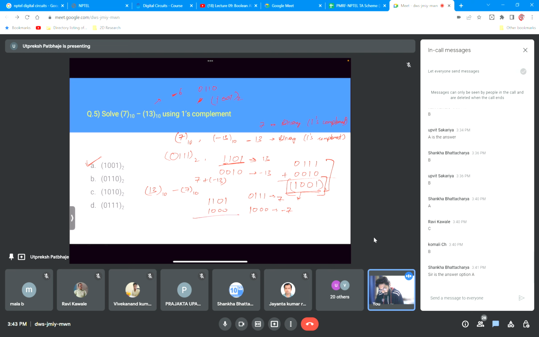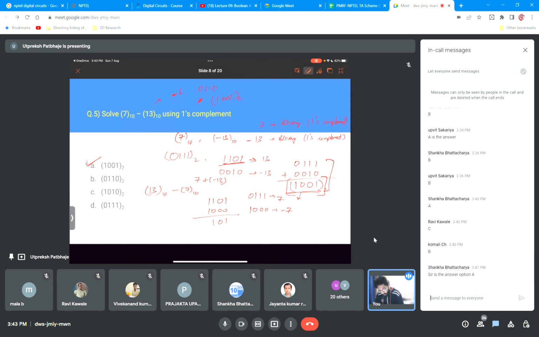So if you add this, okay, I think this is not the correct example, but I hope you got how to do this subtraction, right? You got it, right? Okay, moving on to the next problem.